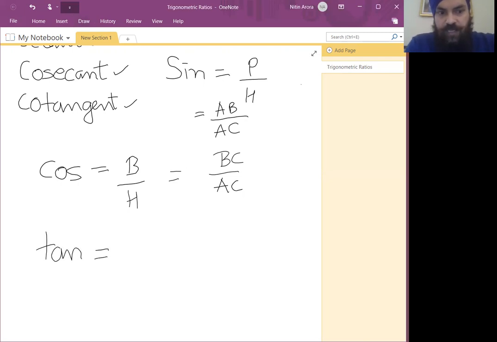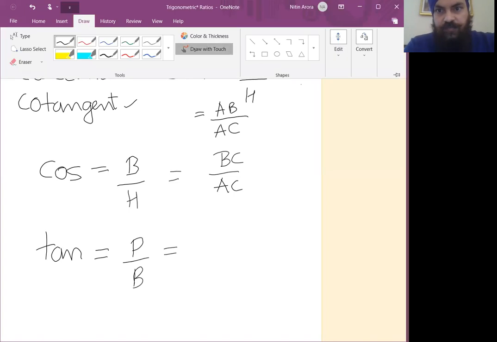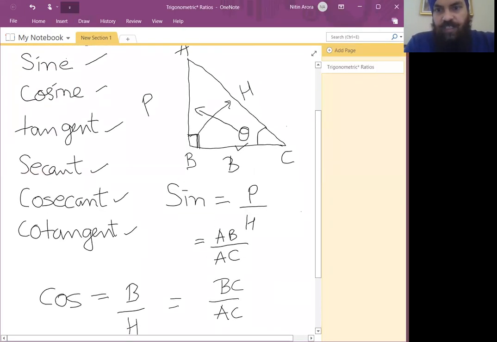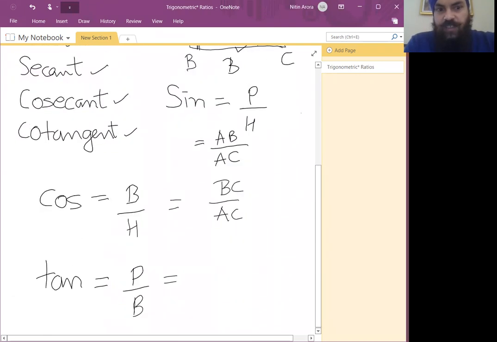TAN is defined as the ratio of perpendicular to the base, that is P over B. Here from the diagram, the perpendicular is AB and the base is BC. So it is the ratio of AB over BC.